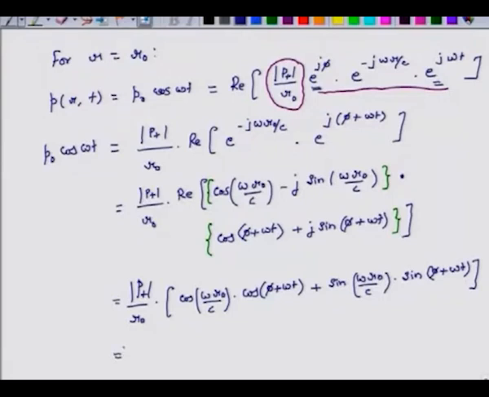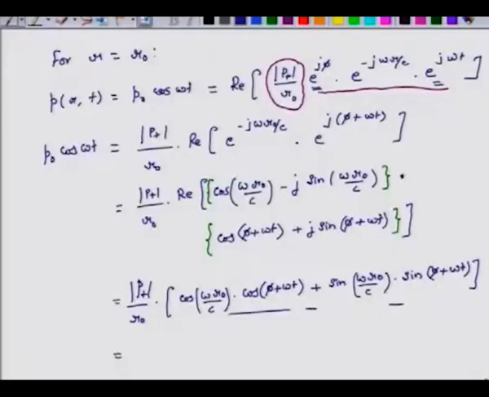And that equals, so this is basically a function which looks similar to that of cosine of a plus b, which equals cosine a times cosine b plus sine a times sine b.